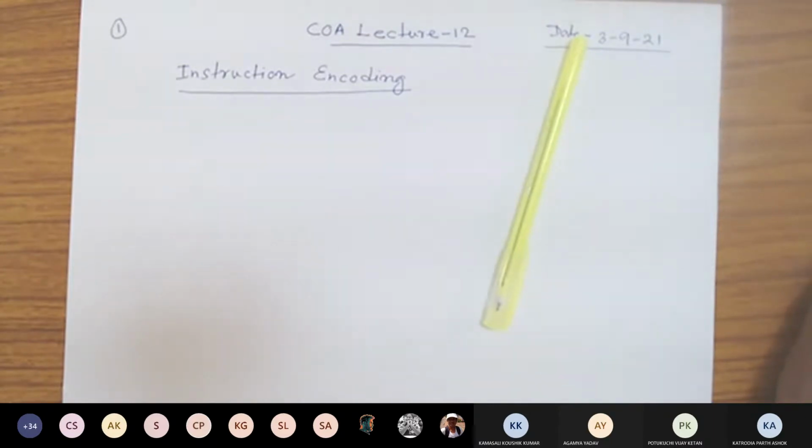So we know that instructions are kept in the computer as a series of high and low electronic signals. So it's basically binary signals. In fact, each piece of an instruction can be considered as an individual number.